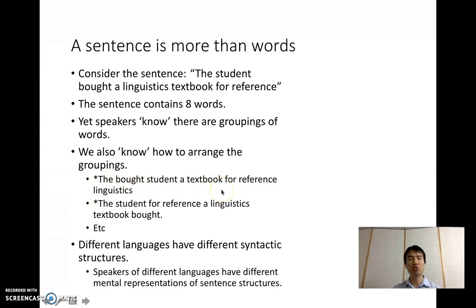We as speakers of English will never say something like that, and instead we say something like the original because we have knowledge of English syntax. Different languages have different syntactic structures. That means different languages have different ways to put words together and different ways to put phrases together. So speakers of different languages have different mental representations of sentence structure.